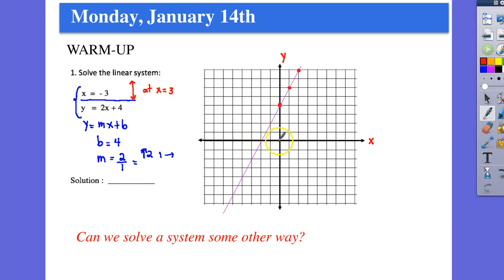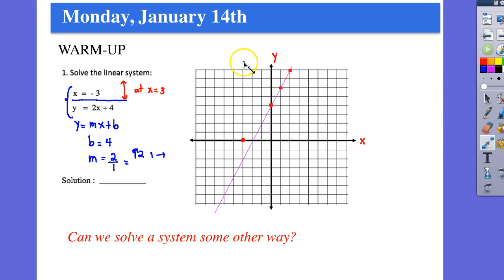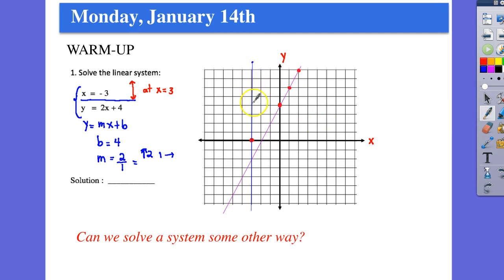So x-axis -3 right here, going to plot a point, and then you're going to draw a vertical line like this. There you go. So the blue one is for x equals -3. So now you're going to find the point of intersection. That will be the solution to your system.